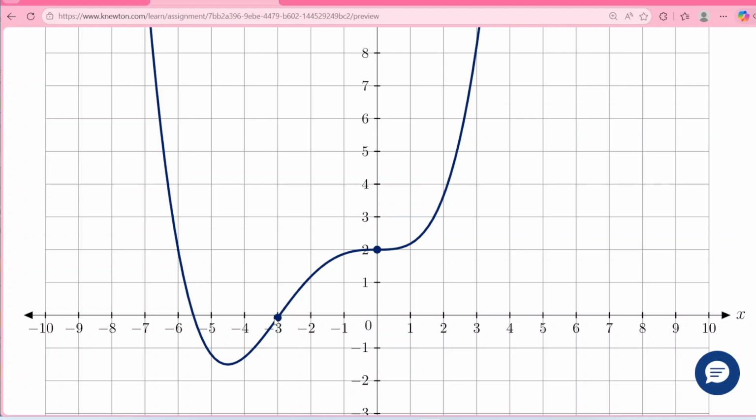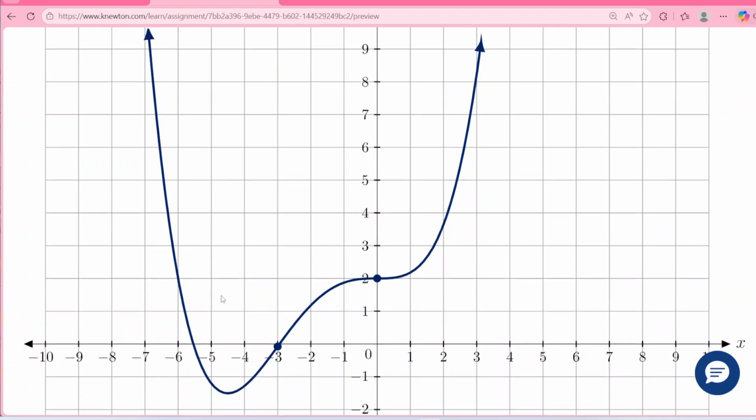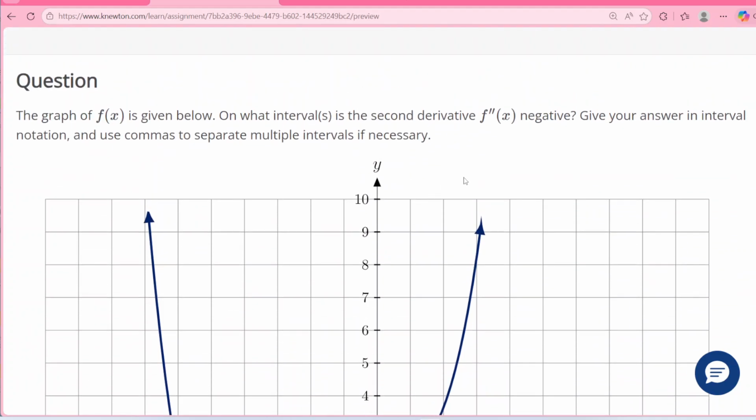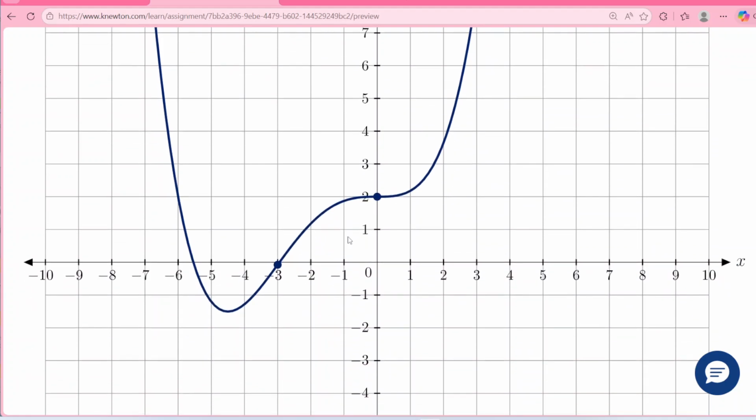So you see this point here at -3, 0. To the left of that, you're part of a bowl holding water, right? That is definitely concave up. So from -infinity up to -3, the value of the second derivative would be positive. But they want to know where it's negative. So that's not one of my answers.